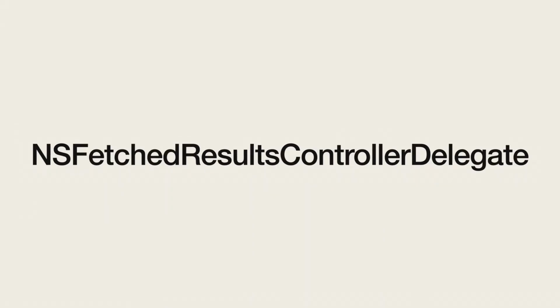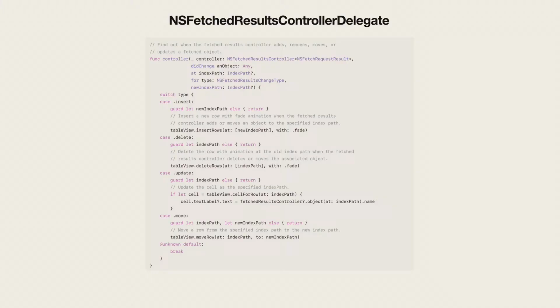And that way, when a change happens in your fetched results controller, it will say, okay, delegate, here are all of the changes. So go run your code. This code is taken from Apple's documentation. As you can see there, it's dealing with the table view, so good old UIKit.